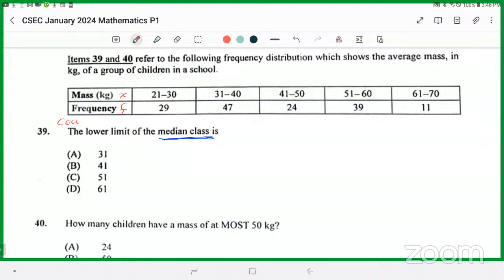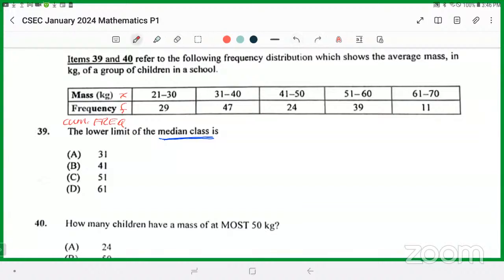I want a cumulative frequency column. This is your x, this is your f. I want to add up the frequency going down. The cumulative frequency is a counting column, your counting of the frequency, while the fx is your sum column.